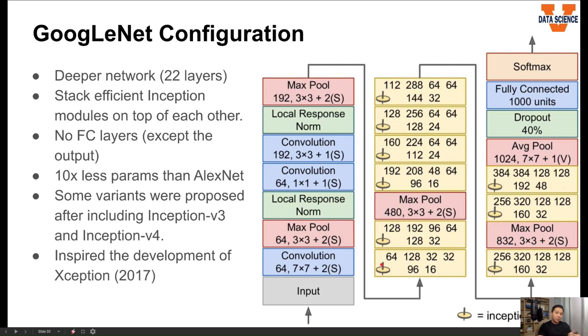You notice when the network goes deeper, it tends to have a bit fewer parameters. And many variants of GoogleNet were proposed afterward, called Inception v3, Inception v4. It also inspired the development of Xception in 2017. So GoogleNet is the basis for many other successful CNN architectures, based on a very similar idea.